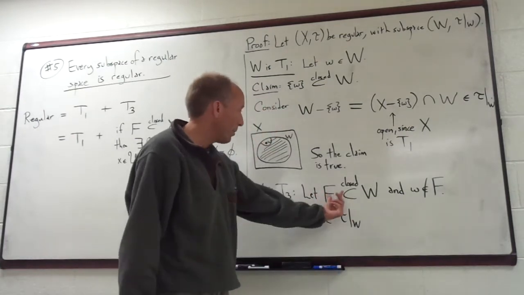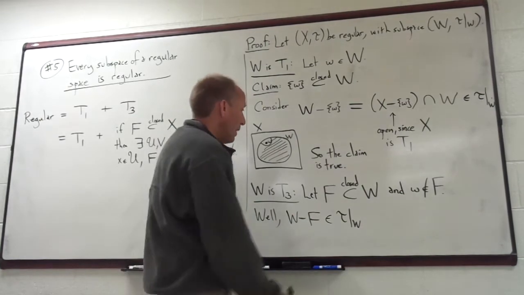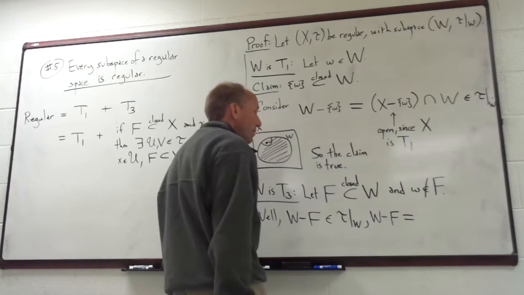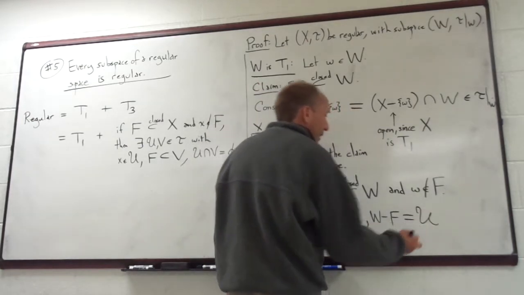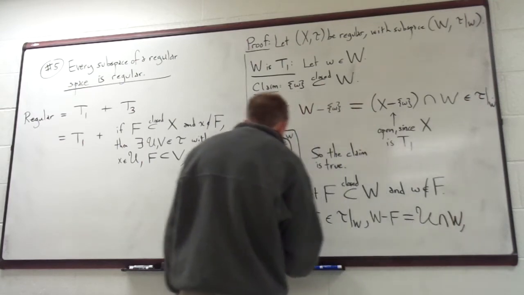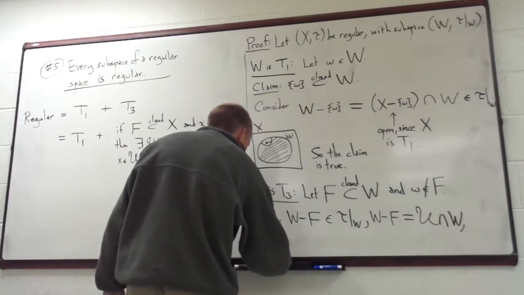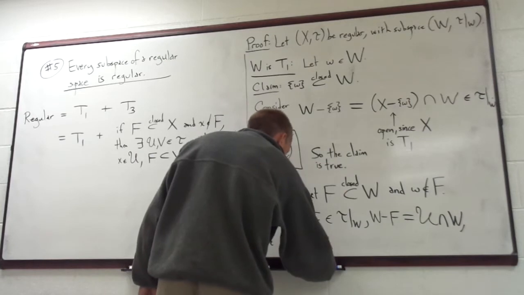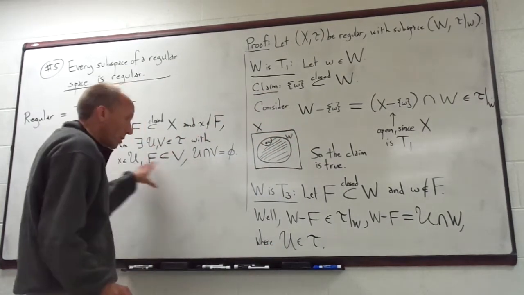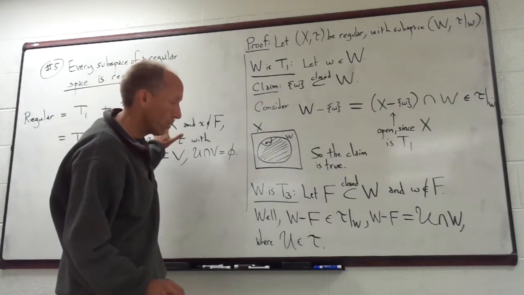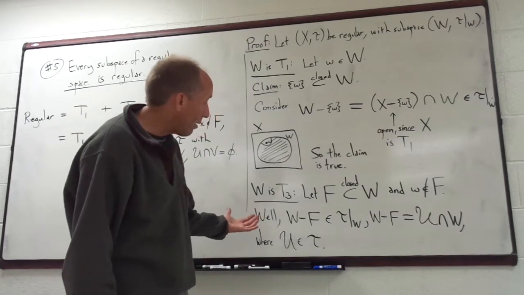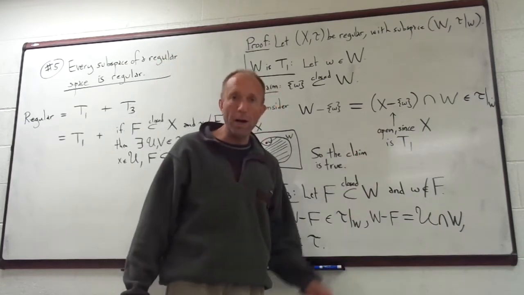The complement of capital F would be open in W, and anything that is open in W can be written as an open set in X intersected with W. So I'll write it as U intersect W, where U is open in X. In other words, U is in tau. Now this U right here is not the same U that's in the definition over here. Okay, we're going to use the definition in a minute. For right now, I'm just referring to the subspace topology.